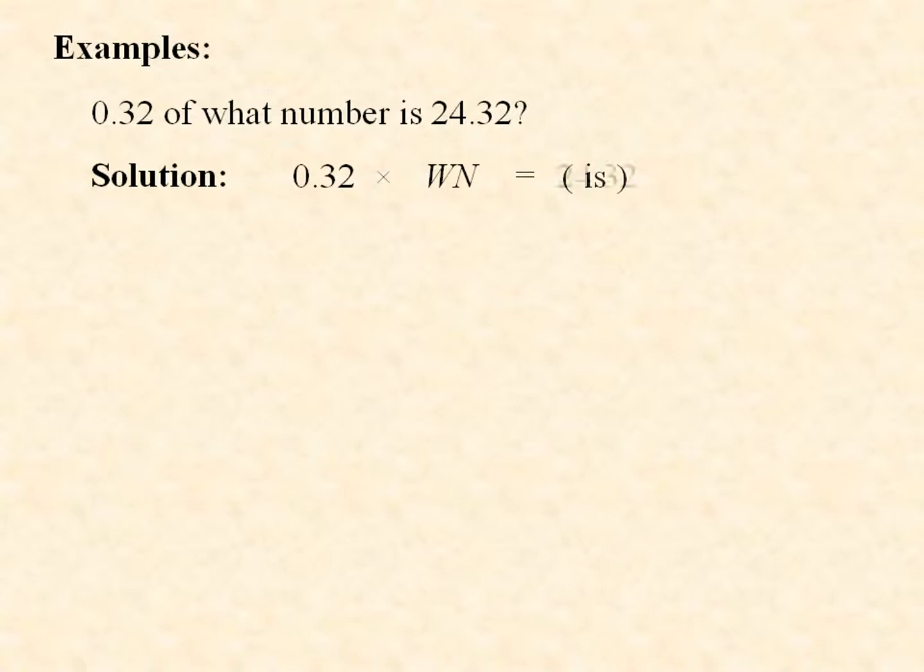And the is part is the 24.32. So there's our equation. We need to get rid of the 0.32, so WN is by itself. We divide by 0.32, and of course that cancels it on the left. So we end up with WN is 76. If you pull out a calculator, 24.32 divided by 0.32 turns out to be 76.